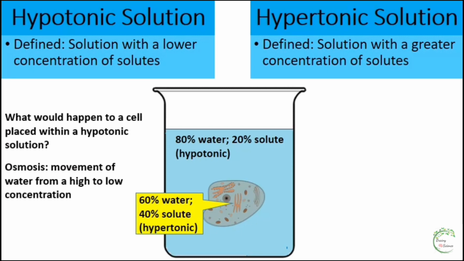It's the movement or the diffusion of water from a high concentration to a low concentration. Well, where is the high water concentration? If you look at the picture, you can see 80% is a higher percentage than 60%. So water would diffuse or enter into this cell over time.